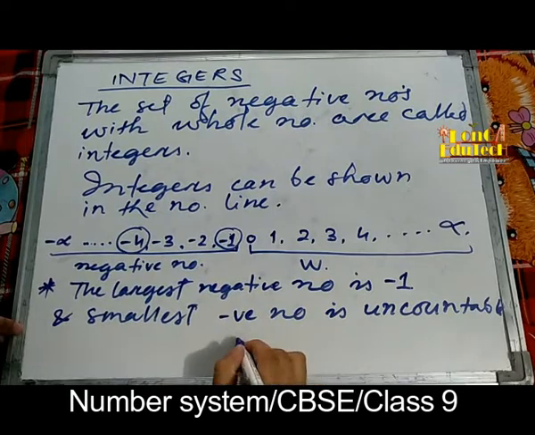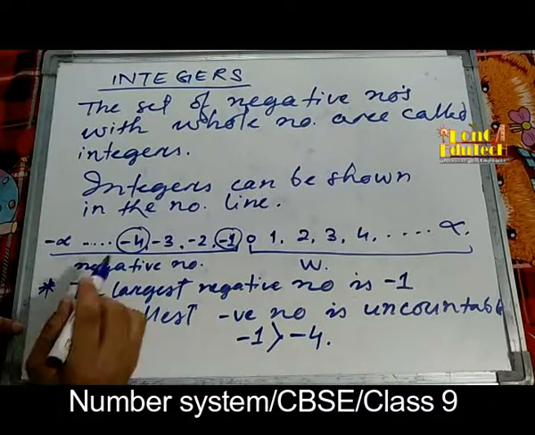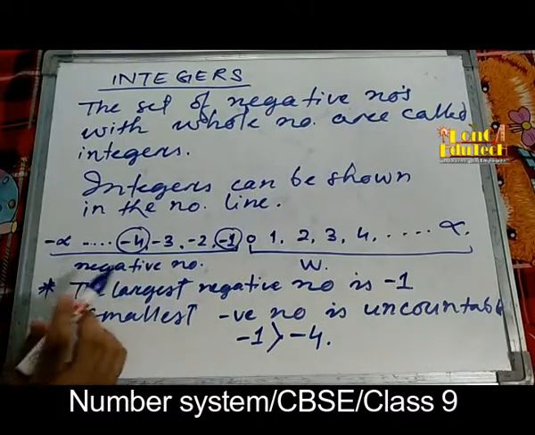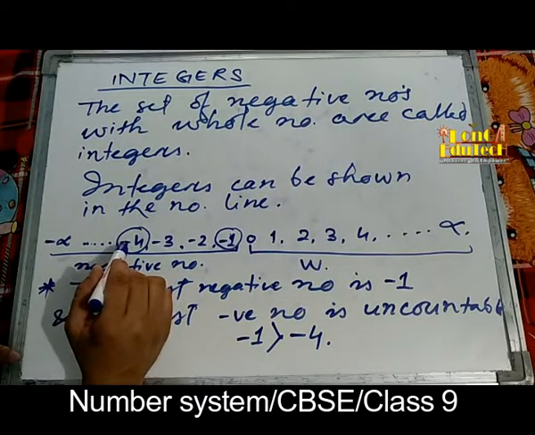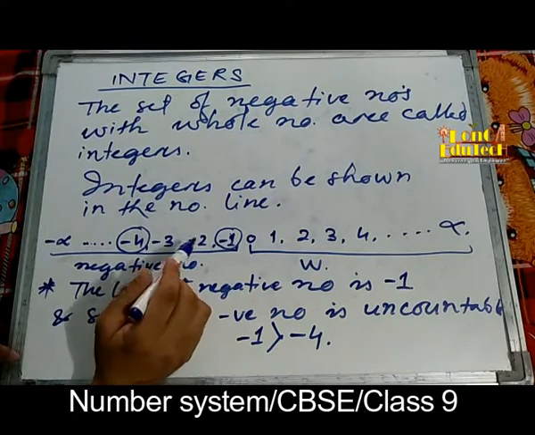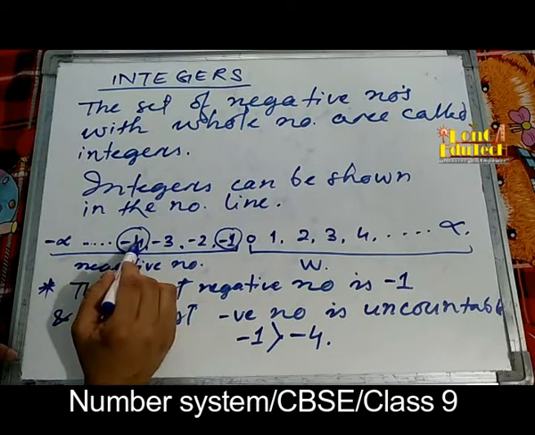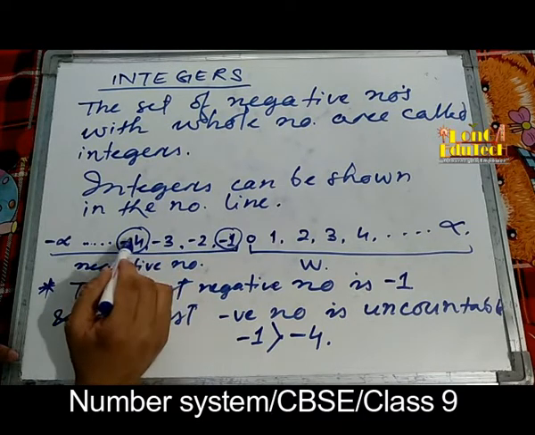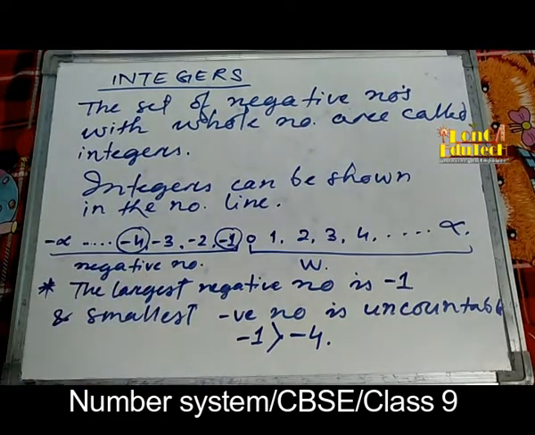That means -1 is greater than -4. So we have to keep in mind that in negatives, the larger the number, the smaller its value. So -2 and -1, -1 is larger. -3 and -4, -3 will be larger than -4 in terms of value.